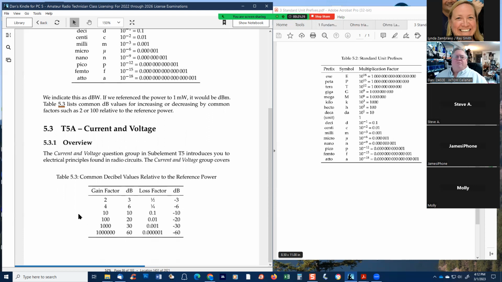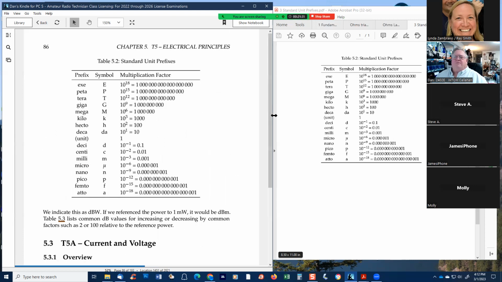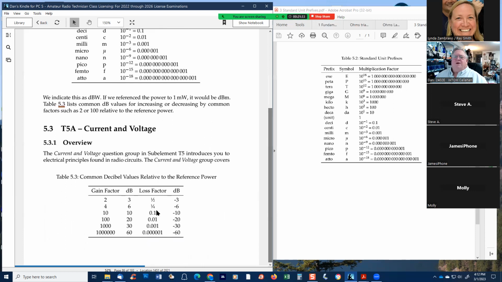This first table is addressing common decibel values. So the important one to remember, if you have 3 decibel gain, you've doubled whatever it is. If it's for sound or watts, 3 decibels is doubling it.